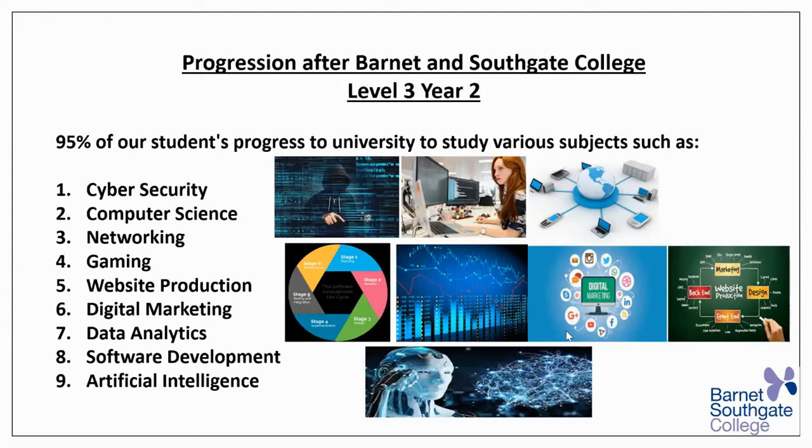So we've got cybersecurity as a degree they've gone into, computing science, networking, gaming, website production, digital marketing with business, data analytics, software development, artificial intelligence. So it's such a big spectrum. Having done level 3, the choices are so many.